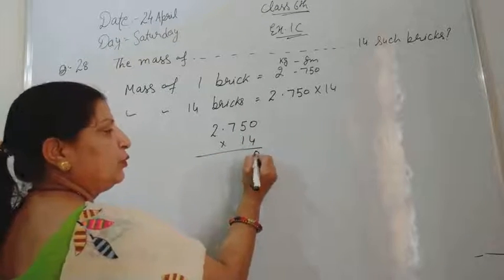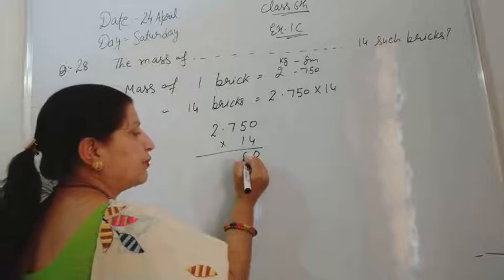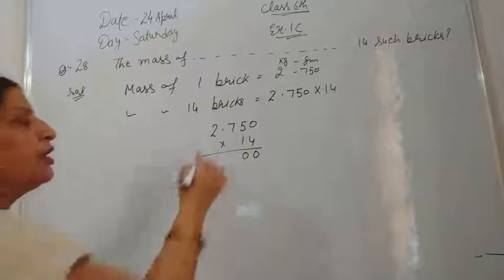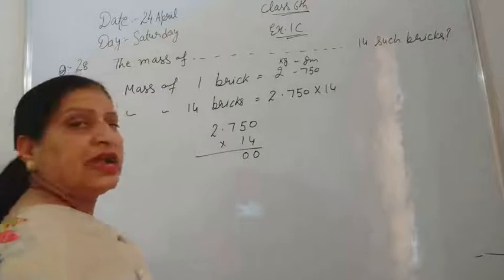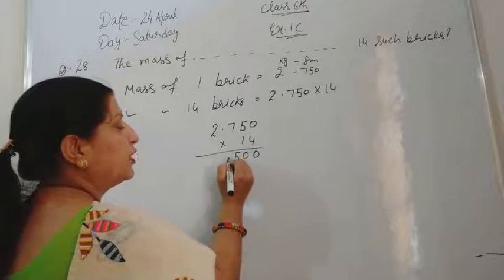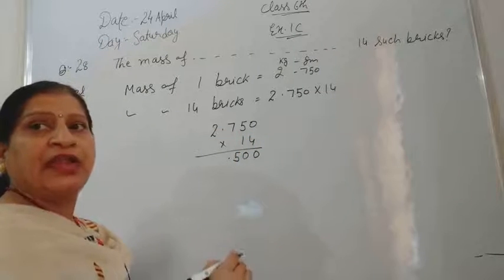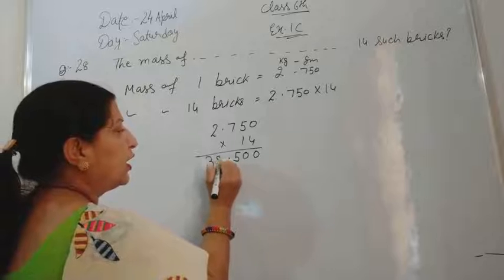14 0 0. 14 5s are 70. Then 7 carry. 14 7s are 98. 98 plus 7, that is equal to 105. 5, then 10 carry. 14 2s are 28 plus 10, that is equal to 38.